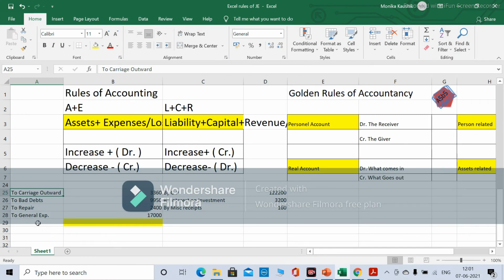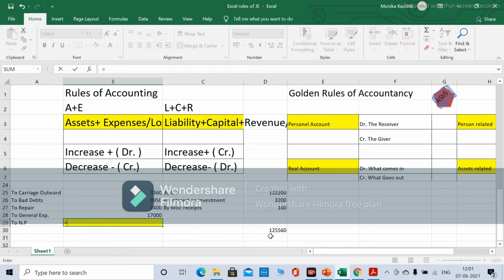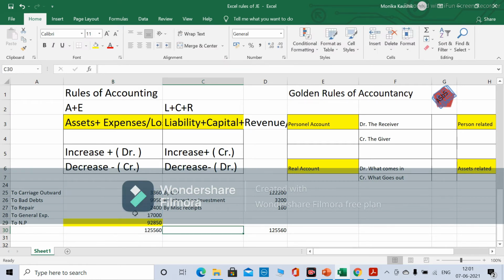So let's calculate now. To net profit here. And the total is this minus this minus this minus this and minus this. 92,850 is my net profit.